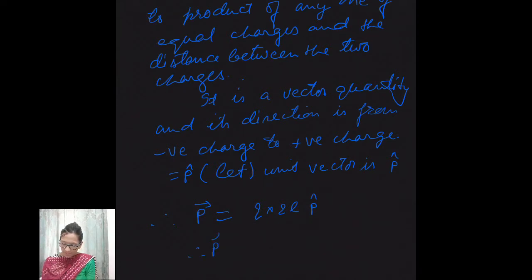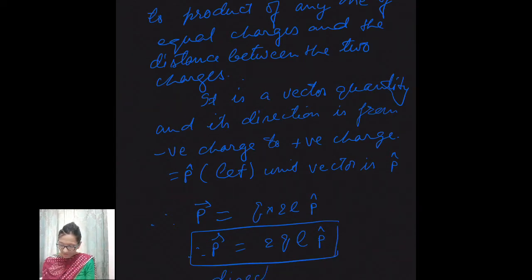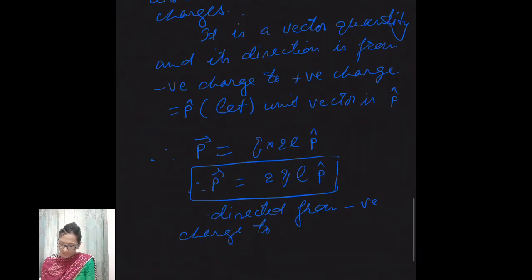Therefore P is equal to 2QL into P cap, directed from negative charge to positive charge. Okay.